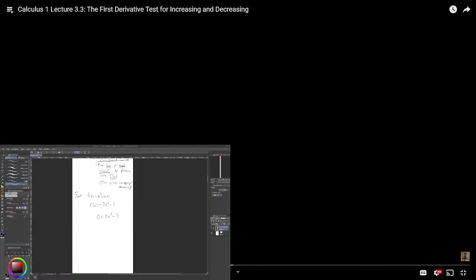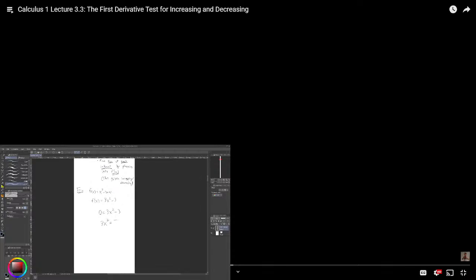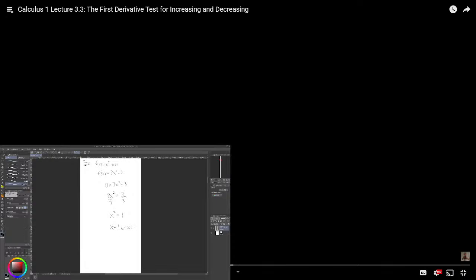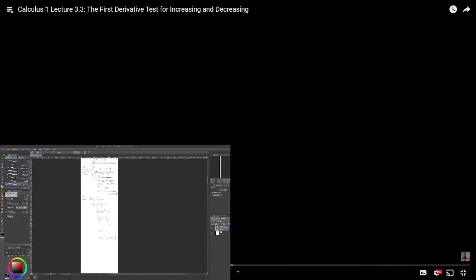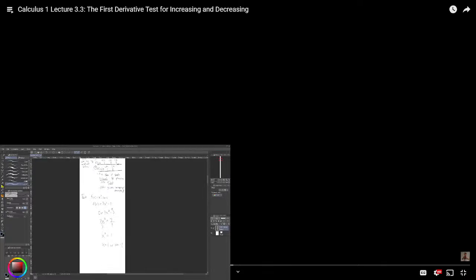There's no denominator, so no asymptotes. 3x squared equals 3. Divide by 3. x squared equals 1. x equals 1 or negative 1. Put them on this number line thing.